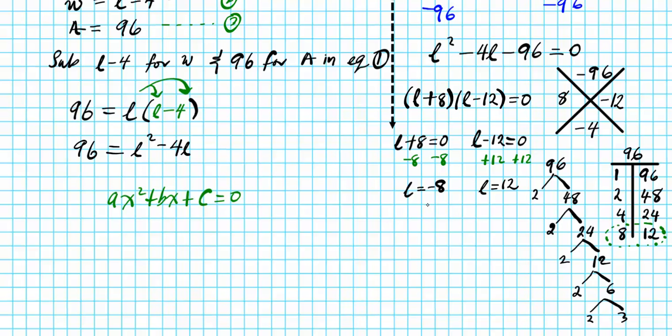Is it possible to have a negative length? Like, can you use a ruler to measure length and end up with a negative value? The answer is no. Lengths are only positive, okay? So L = 12 is one of our answers. L = -8 is not a feasible result, so we scratch that out since length cannot be negative. Okay, so we have our length.